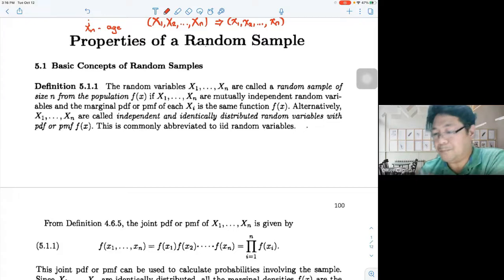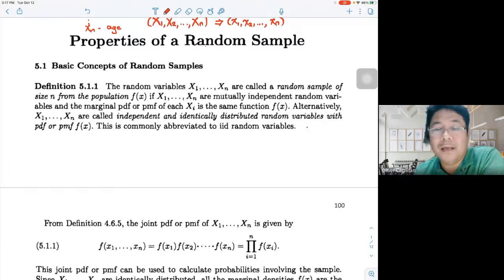If we obtain these observations from an infinite population, and we remove the realized value x sub 1 from our infinite population, still the random variables X sub 2, X sub 3, and the other random variables are independent.